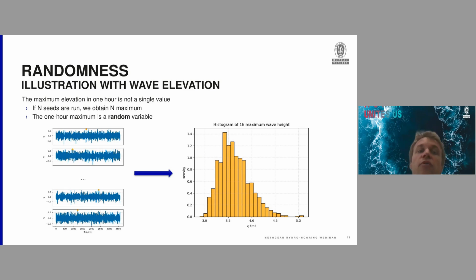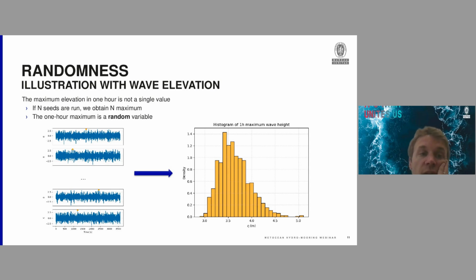With this, I want to emphasize that the maximum over a duration is not constant. Here I've drawn 4 seeds, and on each of them, the maximum is not the same. So the 1 hour maximum, for instance, is not a single value, it's a random variable.